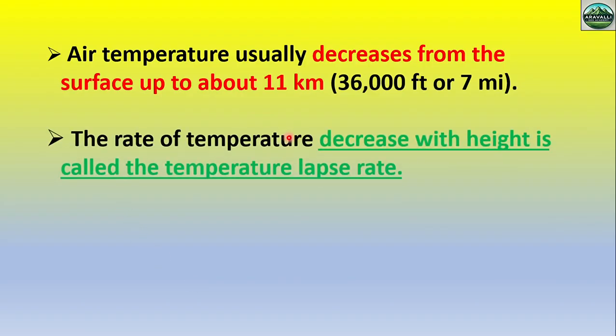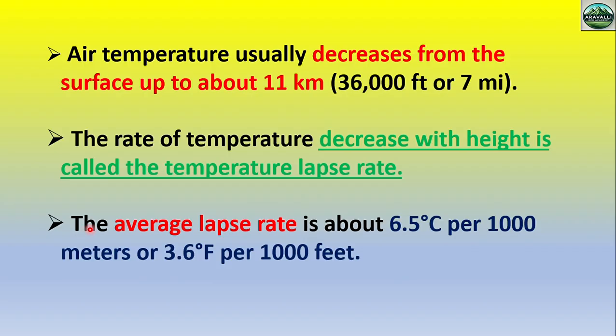The rate of temperature decrease with height is called the temperature lapse rate. This is a very important point. What is the lapse rate? Temperature decrease with height is known as lapse rate. The average lapse rate of the earth is also known as the environmental lapse rate.